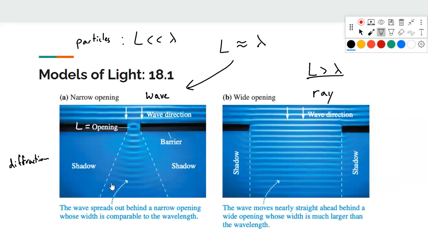So all of them will have characteristic lengths that are similar to the wavelength of light. And chapter 18 is entirely focused on light, just like chapters 19 and 20 pretty much. So the rest of the class is almost entirely focused on thinking through the results of the physics of light.